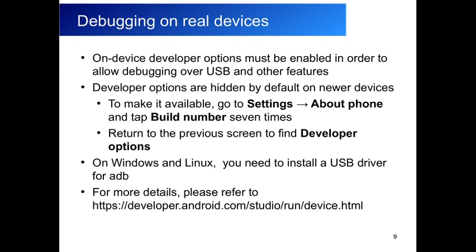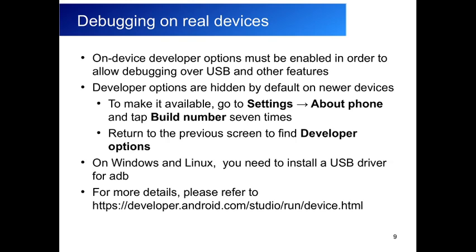Those developer options are generally hidden on newer devices for security reasons, of course, but you can enable them by following Settings, About phone, then tap the build number 7 times, and then you can switch back to the previous screen to see that the developer options are enabled.